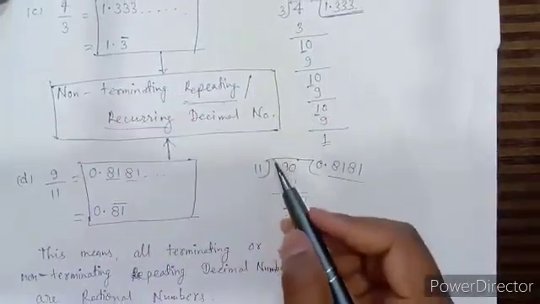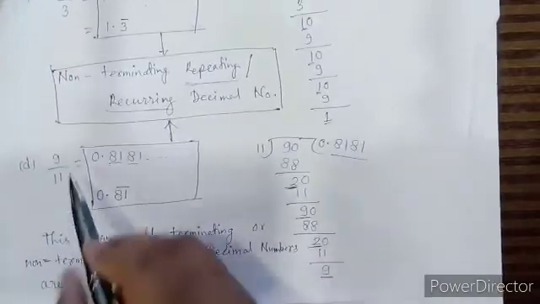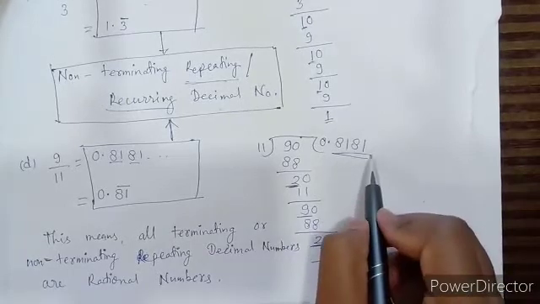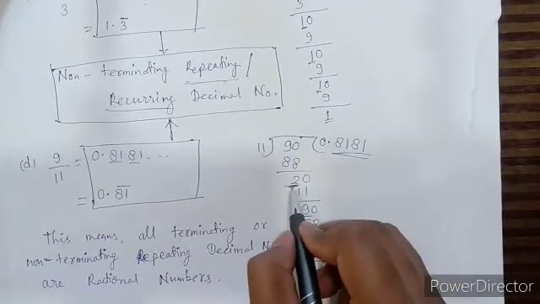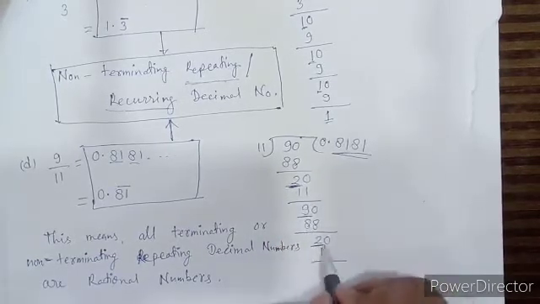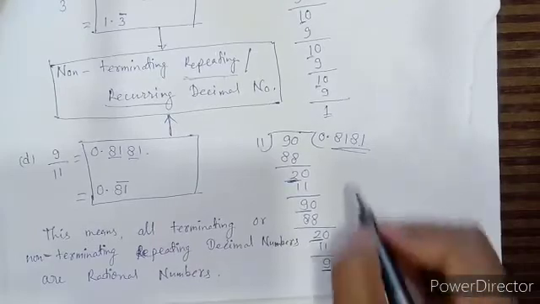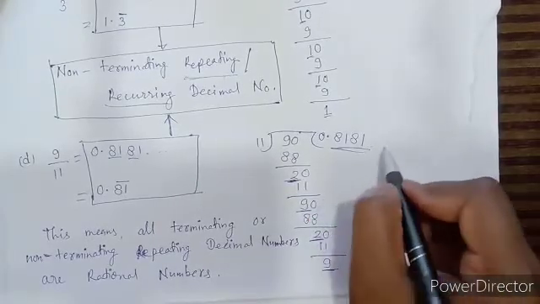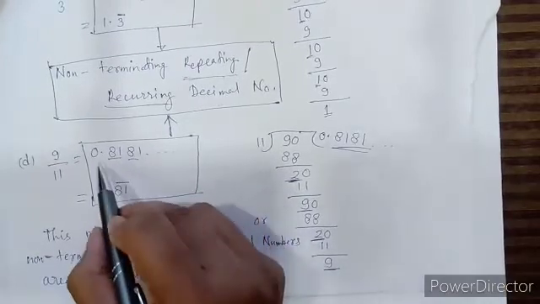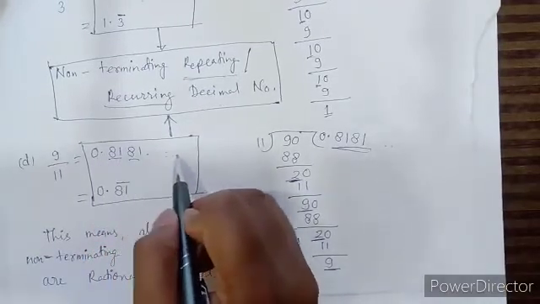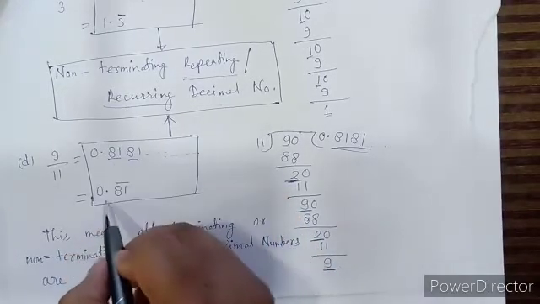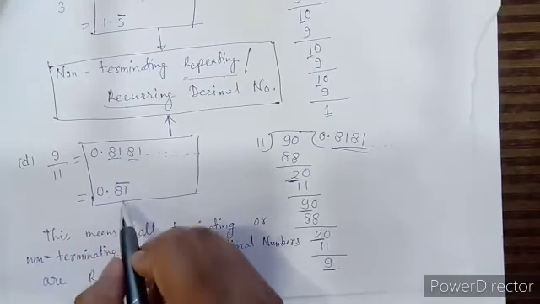Similarly, take another example, 9 by 11. After dividing 9 by 11, the quotient is 0.8181, and the remainders alternate, 2, then 9, then 2, then 9. So the quotient is 0.818181 and so on, infinitely. If two digits repeat again and again, we write 0.81 bar.